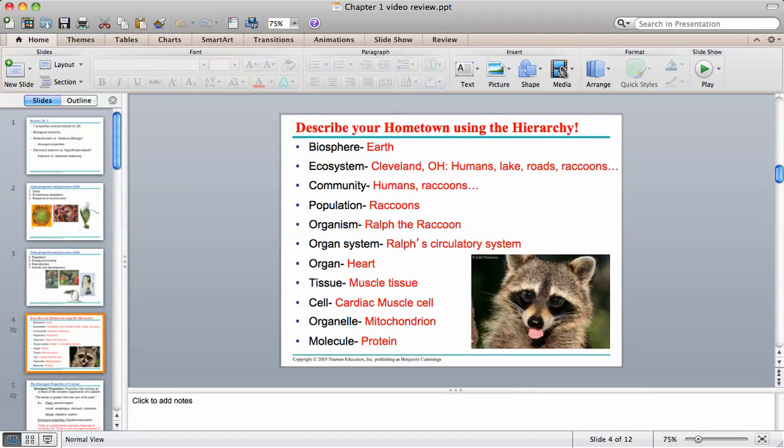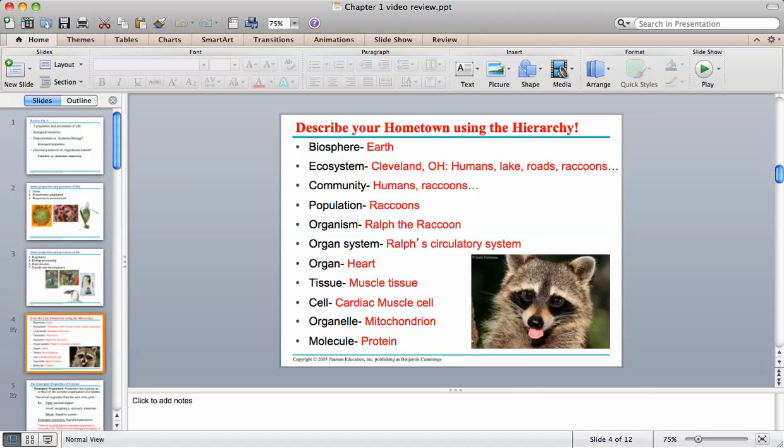And then looking at the hierarchy, we have the hierarchy items listed here from most all-encompassing to the smallest part of the hierarchy. And I took an example here with looking at your hometown, and looking at that through that kind of an example is very helpful.